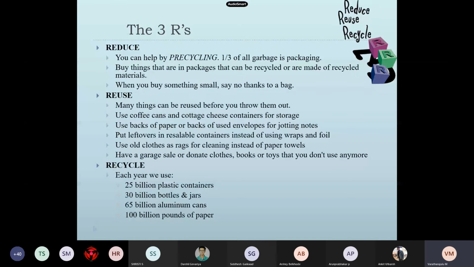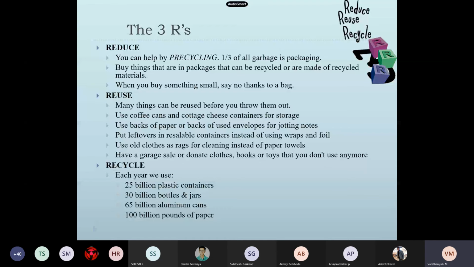Use coffee cans and cottage cheese containers for storage, and use backs of papers or used envelopes for jotting notes. Put leftovers in resealable containers instead of using wrap and foils.